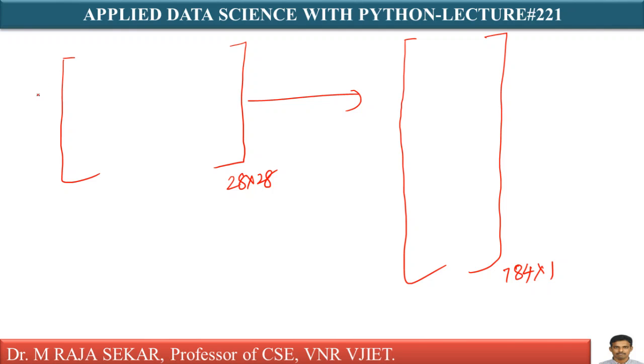In this vector, we will have 784 rows and 1 column. So by just using row flattening, I'm able to write it as a column vector. As I told you, you can use either row flattening or column flattening. You can get a 784 by 1 dimensional vector.